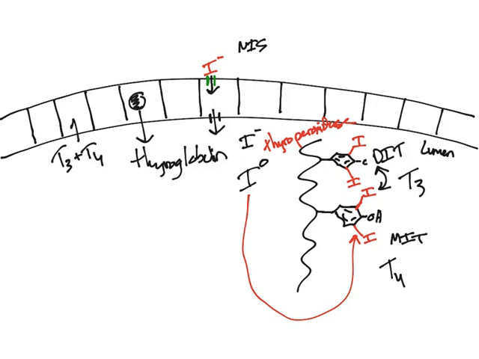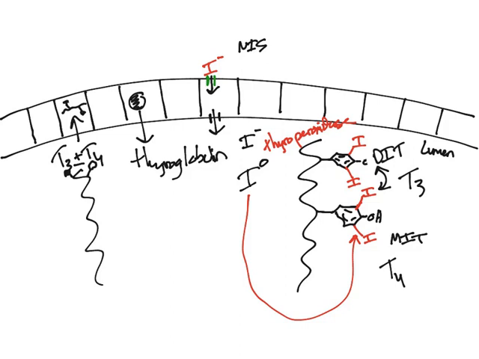So T3 and T4, they're going to be taken into the follicular cells. This is endocytosis, and it's going to be still attached to the thyroglobulin. So it's still on the tyrosine rings, but now they've kind of bonded together. The whole thing is going to get brought up into here, into the cells.